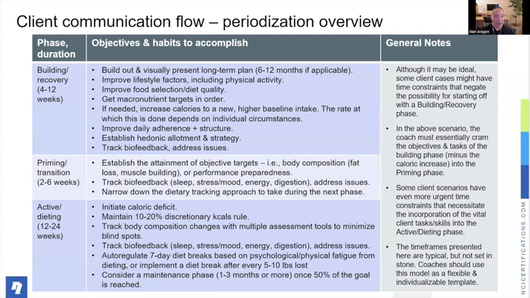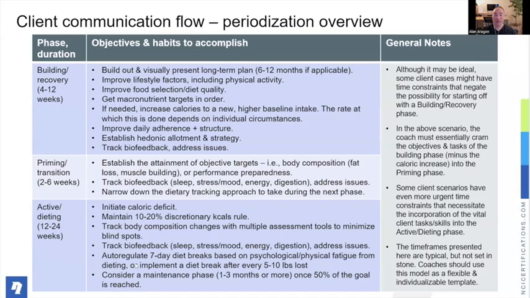Okay. And another bullet point I want to point out over here is, after tracking biofeedback, sleep, stress, mood, energy, digestion, auto-regulate a 7-day diet break based on psychological/physical fatigue from dieting.